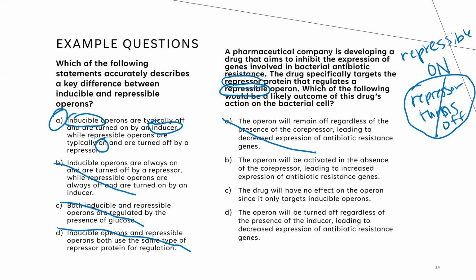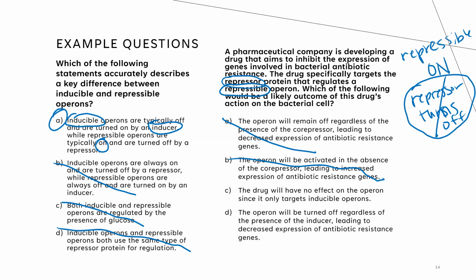All right, B, the operon will be activated in the absence of the co-repressor. What? It's already on, right? C, the drug will have no effect on the operon since it only targets inducible operons.